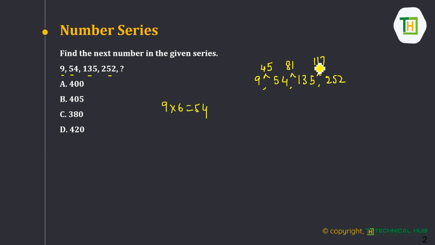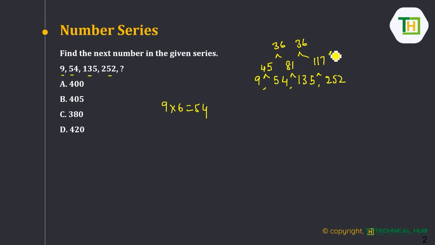Again, these three numbers are not related to each other by any means. So if I take the difference again, what is the difference between 45 and 81? The difference is 36. And here the difference is also 36. So by taking the difference method, I can answer this question. 36 and 36.